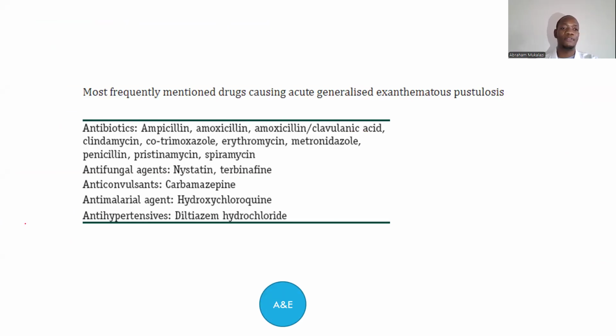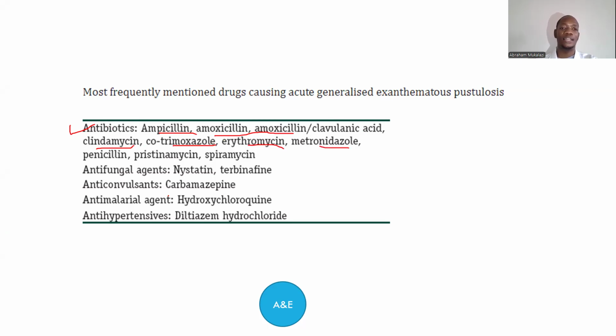So this may be very hard for you to cram, but at least remember, in antibiotics, you have the aminopenicillins, the ampicillin, amoxicillin, the amoxicillin-clavulanic acid, that's amoxiclav. Then you have the clindamycin, the ceftriaxone, the erythromycin, and the rest.